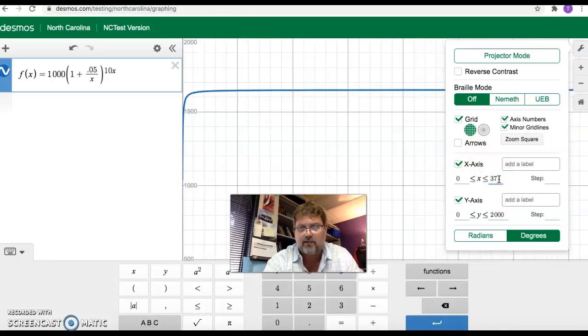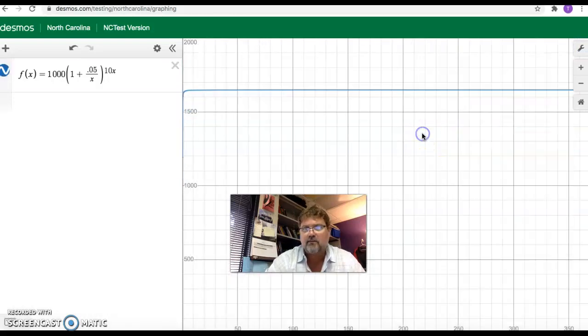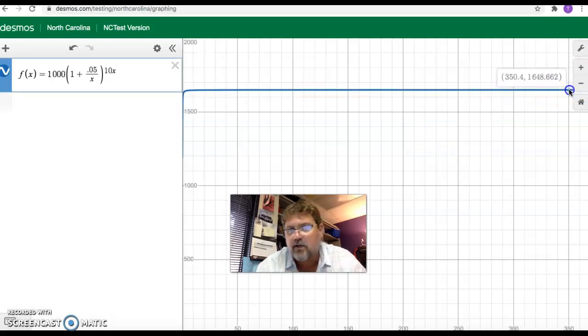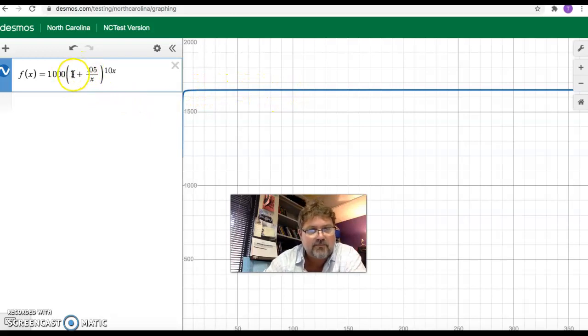I'll set my window to 370. And this will get me really close. Not much difference at all. See that? I'm looking at the y-coordinate, by the way. And what you're seeing here is it doesn't change much at all. Now, what's happening is there's a horizontal asymptote here. In other words, this expression reaches a horizontal asymptote.